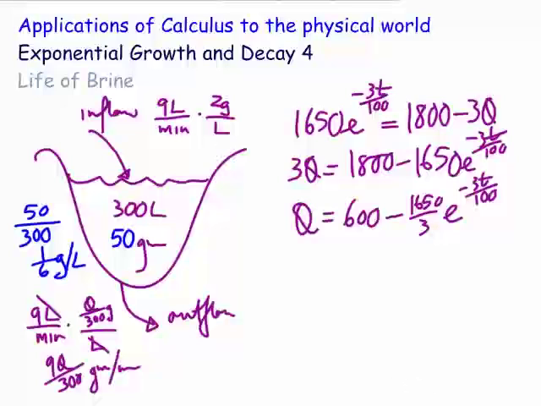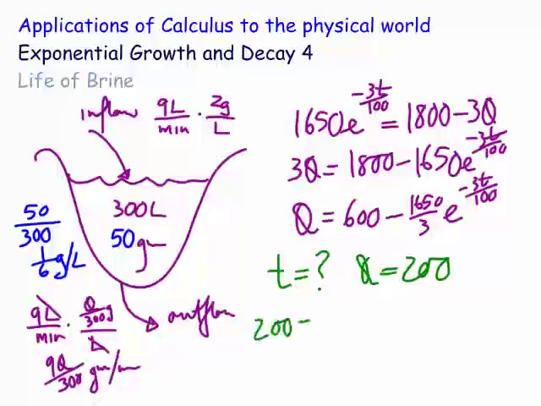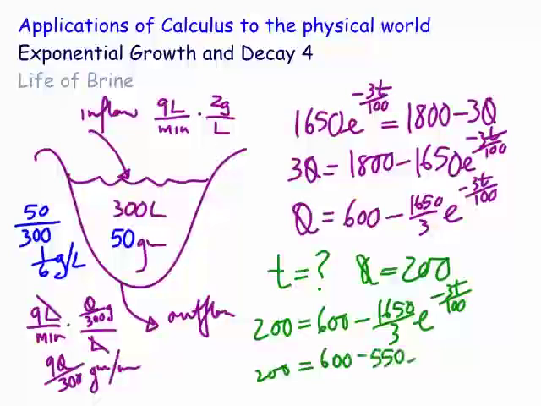So we want the time, and we know that Q is going to equal 200, so we need to solve 200 equals 600 minus 1650 on 3 e to the minus 3t on 100. Luckily 1650 divided by 3 simplifies, so we end up getting 200 equals 600 minus 550 e to the minus 3t on 100.